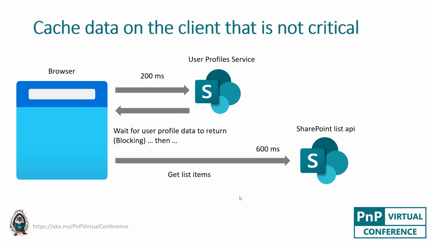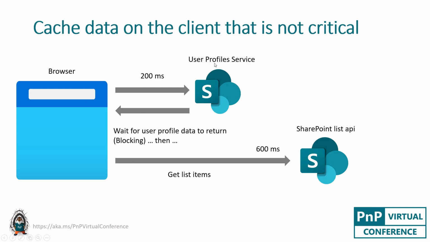But before we load the content, we have to get the user profile data. So we had to go to the user profiles using the user profile service, grab the data, and after we have all of that data, make decisions and based on those decisions, fetch the content. That could be news articles or list items or whatever.